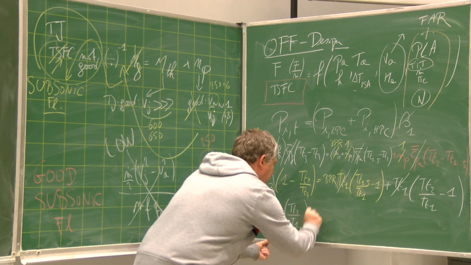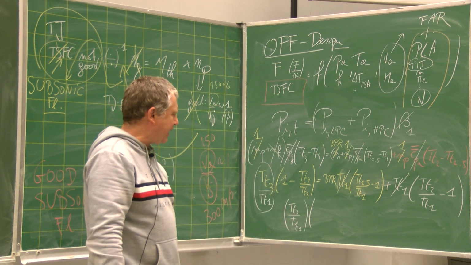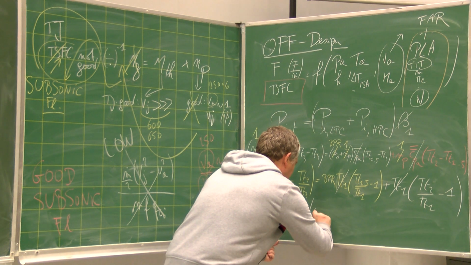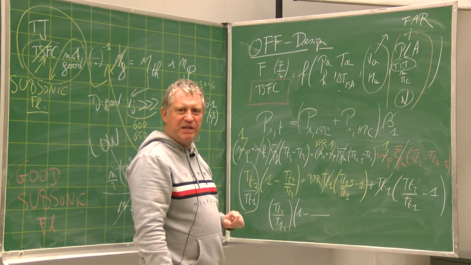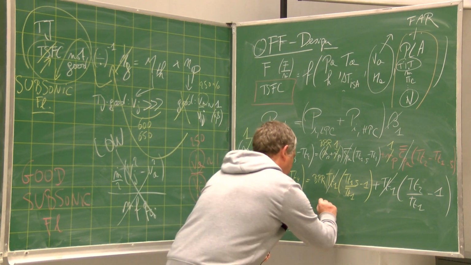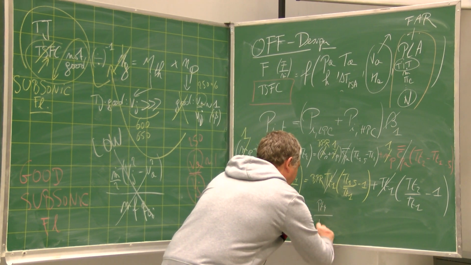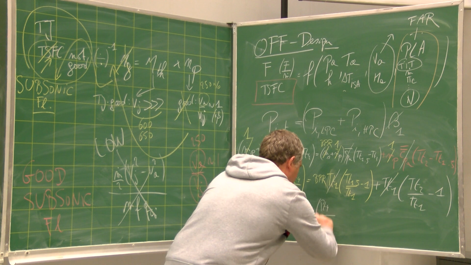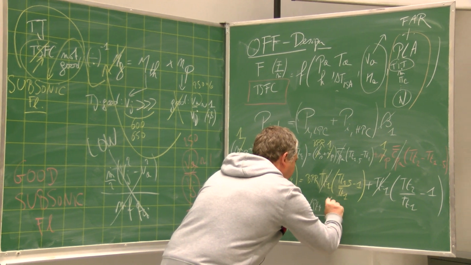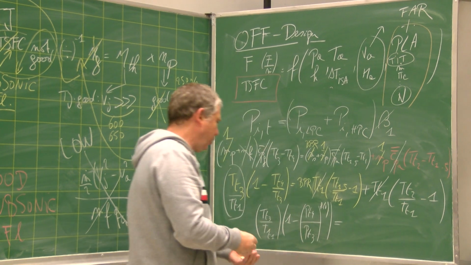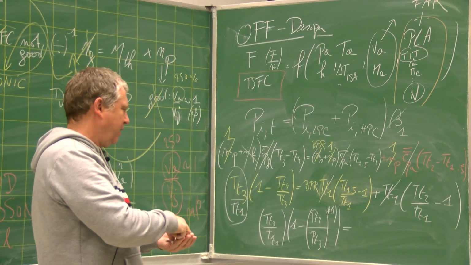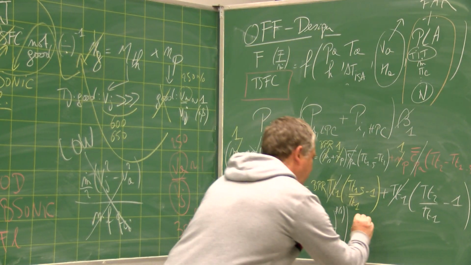This is my parameter I like since the beginning. I have 1 minus what? It is here related with Pt4 divided by Pt3 to a power that is function of gamma. And this is equal to the second term. I write it like this.